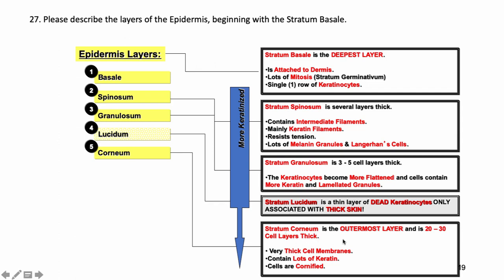So this is just old and flaky, you're kind of losing this stuff everywhere you go. Humans shed their skin constantly because there's always this turnover. And so our old dead skin becomes the corneum, and the corneum peels off a little bit at a time. But while it's there, it's helping protect the living cells underneath.